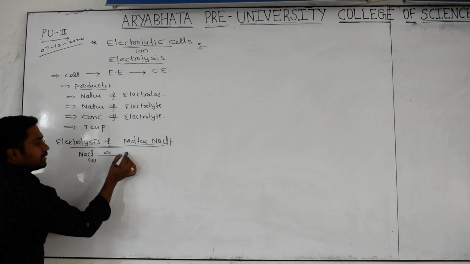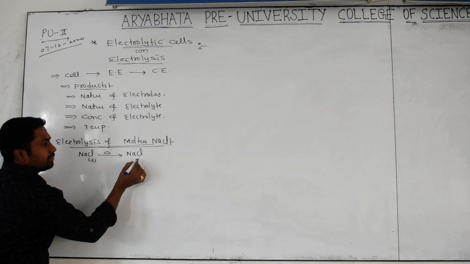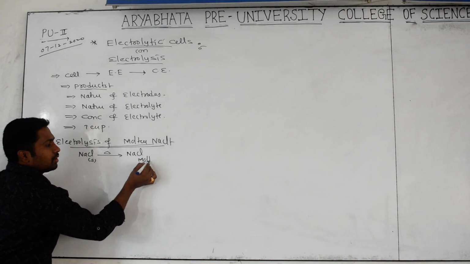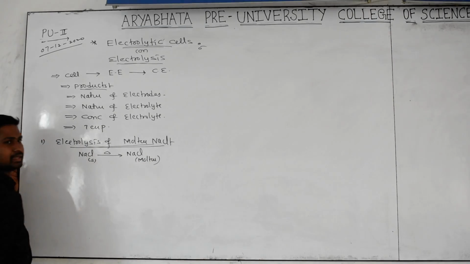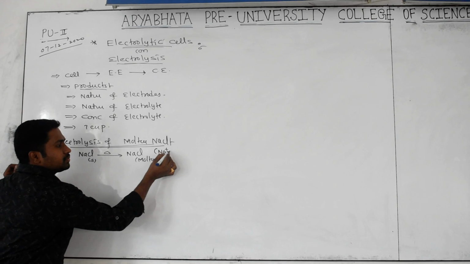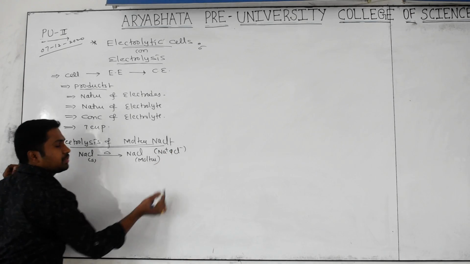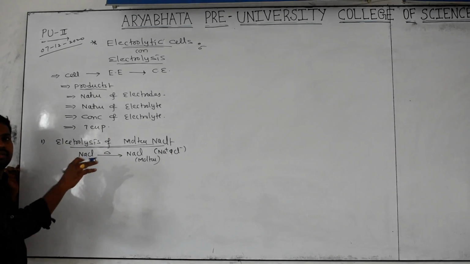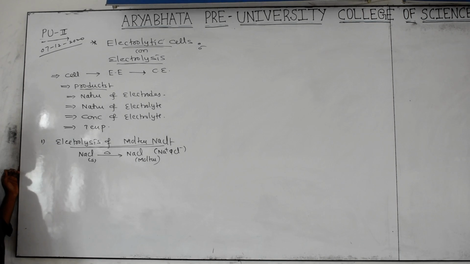NaCl goes into the liquid state, and that is what we call molten NaCl. In molten NaCl, Na+ and Cl- particles are free to move, and they carry the charge throughout the chemical reaction.